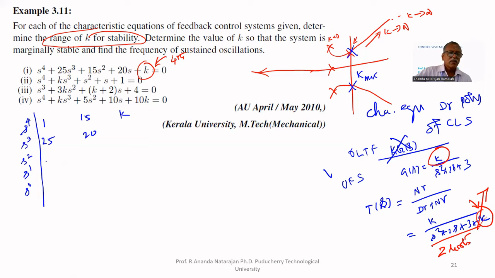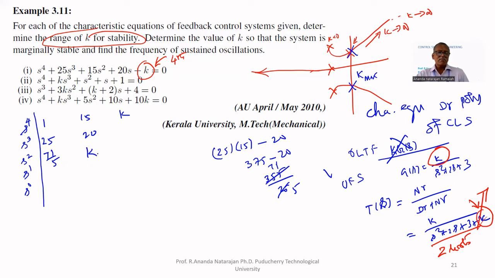Therefore, it is k. Now, s square you have to find. What is that? 25 multiplied by 15 minus 20. How much? 375 minus 20 equal to, am I correct? 355 divided by 25 is 71 by 5.